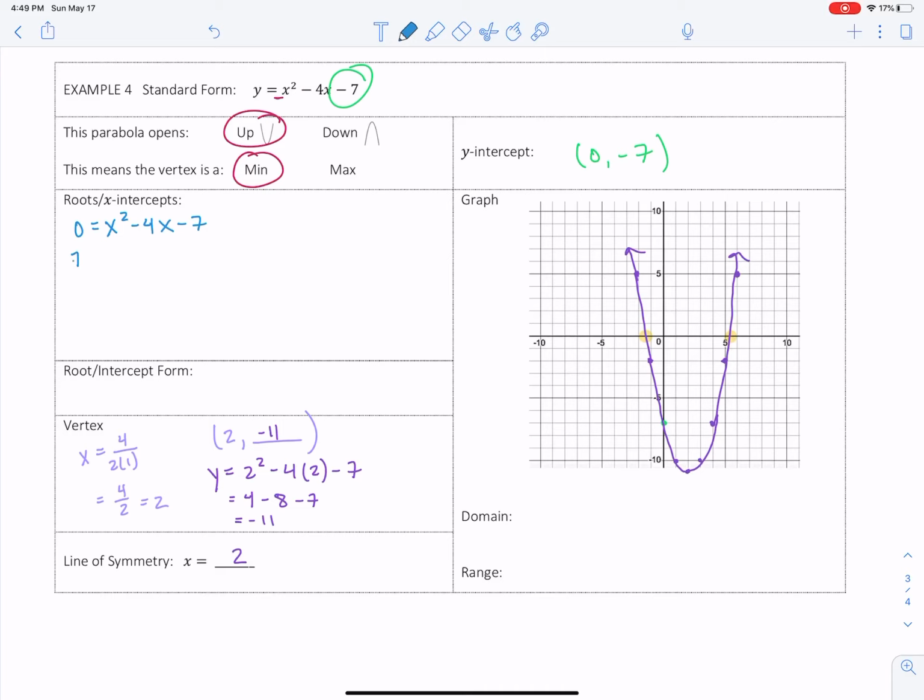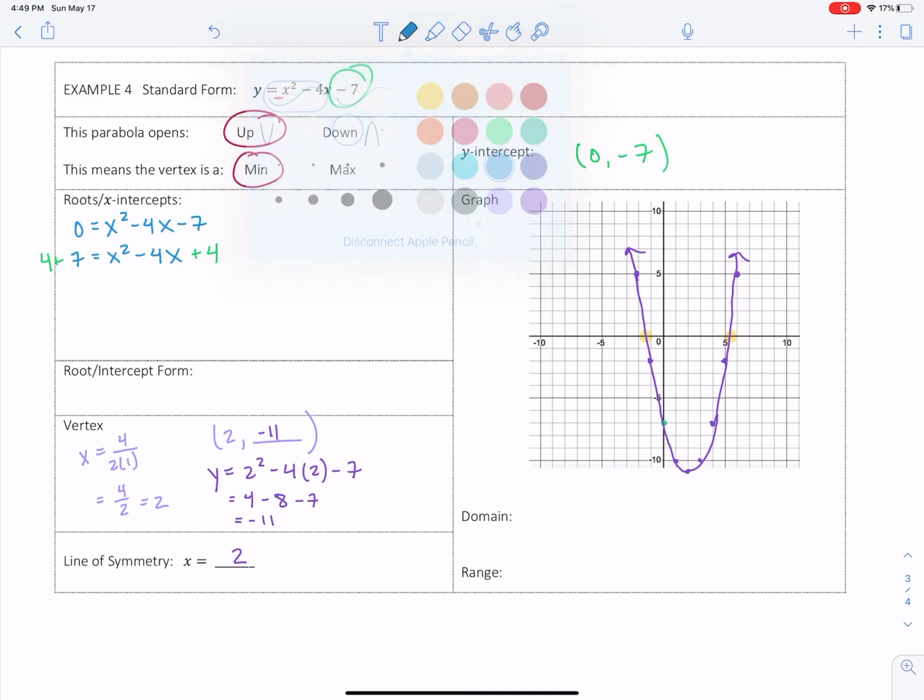So I'm going to add 7 to both sides. 7 equals x squared minus 4x, and then I need to add that special number, so -4 divided by 2 is -2, -2 squared is 4, so add 4 to both sides.